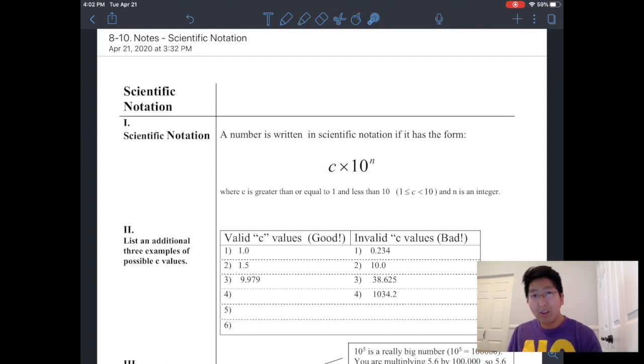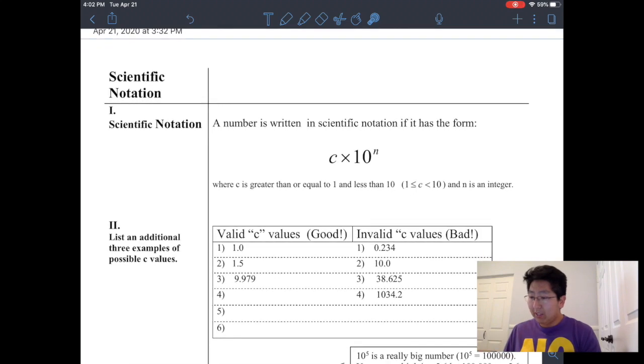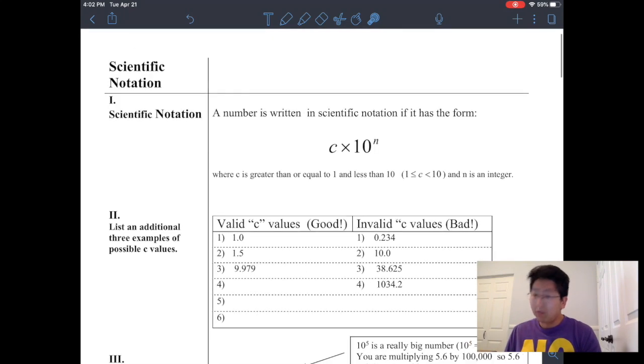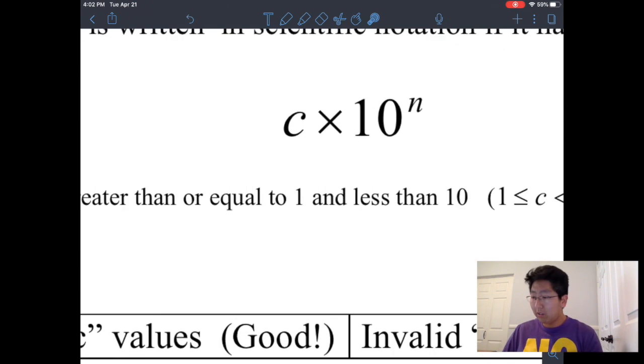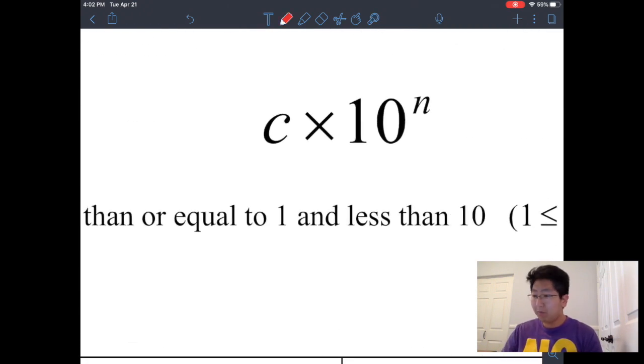So here we go for our notes. Scientific notation: a number is written in scientific notation if it's in the form c times 10 to the n. That might sound weird, but all I want you to know is that c is a number, like 6. C is a variable representing a number, and it's times 10 to another number, let's say 10.